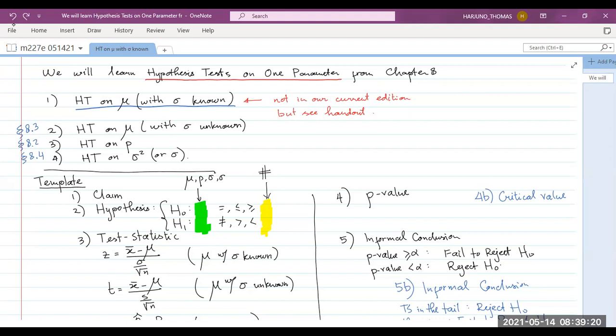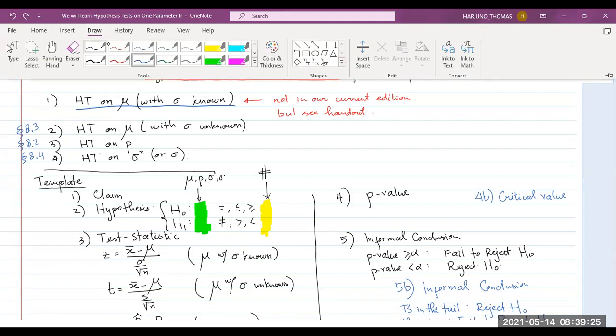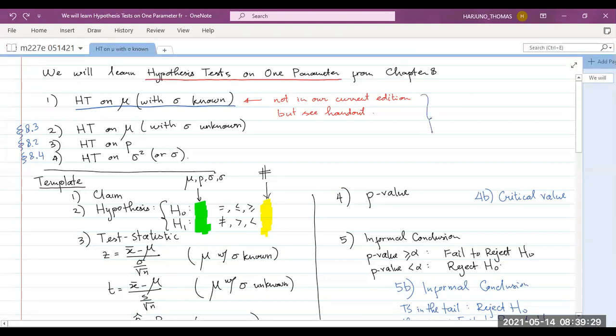Before I really start, let me first state the requirement for each. For hypothesis testing on mu, the requirement is that the situation satisfies the central limit theorem.